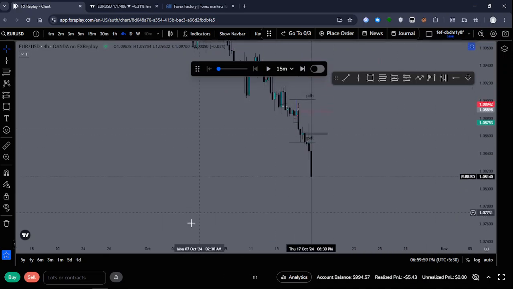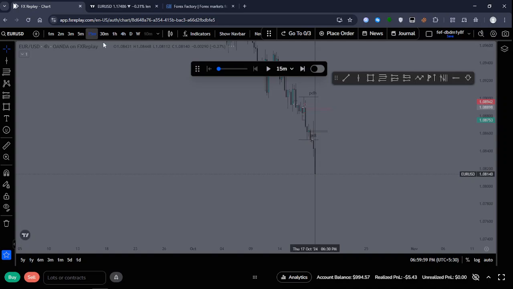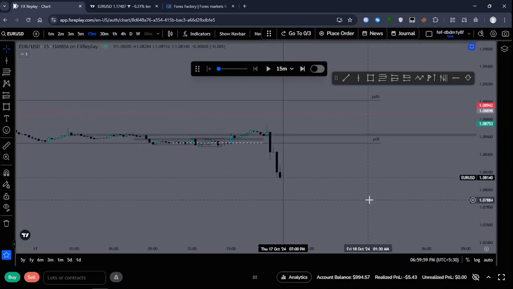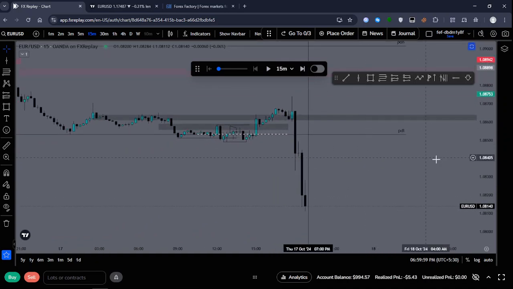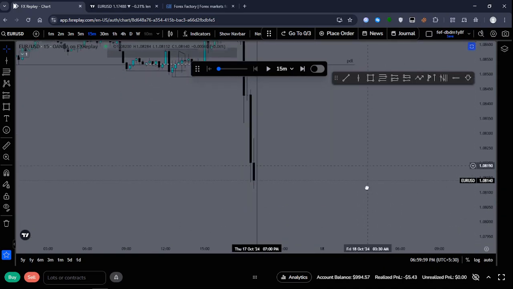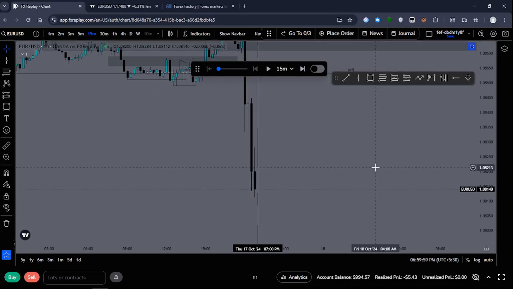So next draw on liquidity, I'll just focus on internal price action. Hard to say what price has entered on that perspective anyway. See, that's a massive displacement.